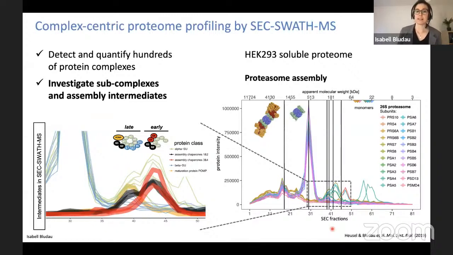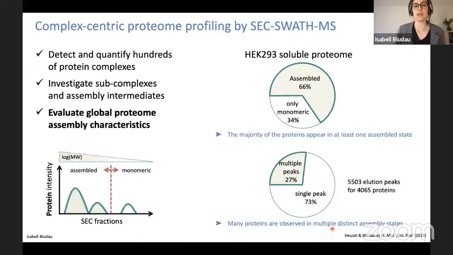And I think this very nicely highlights the modularity and the resolution that you can get into molecular details based on this very global data acquisition approach. So finally, we can also evaluate some global proteome assembly characteristics, because as I said, there is a log-linear relationship between the SEC fractions and the molecular weight of these fractions.